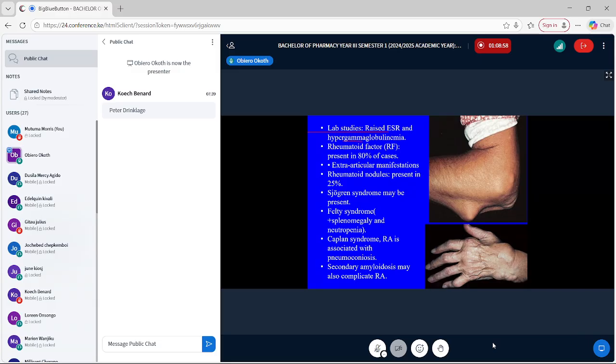Rheumatoid factor is present in 80% of them. Rheumatoid factor is an IgG autoantibody against the patient's own IgM antibody. You have an autoantibody, which is IgG, attacking the patient's IgM. That is the rheumatoid factor.